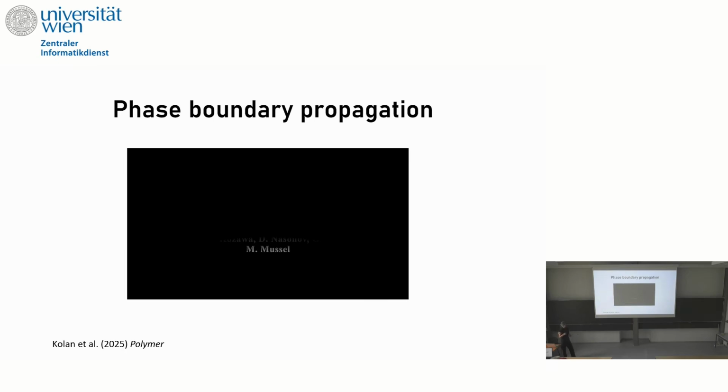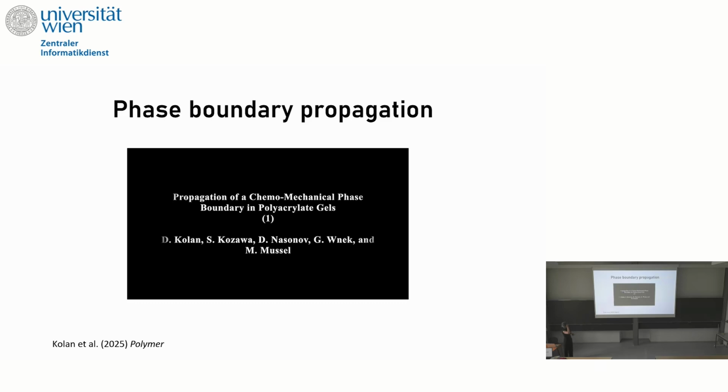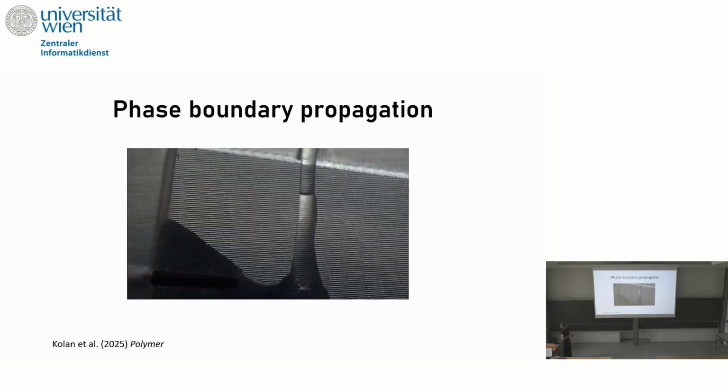In the time-lapse movie you're going to see now, each frame was taken at an interval of 5 seconds, and in real life, this movie is 75 minutes. So you can see that a phase boundary is forming and is propagating, and also the edge is propagating.